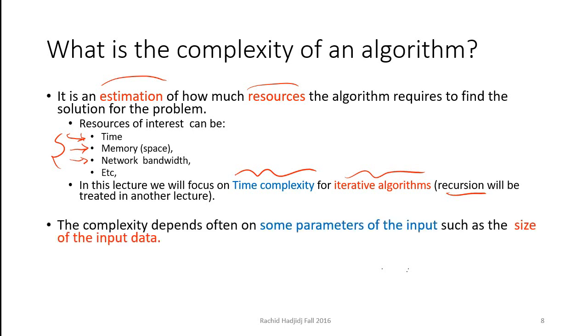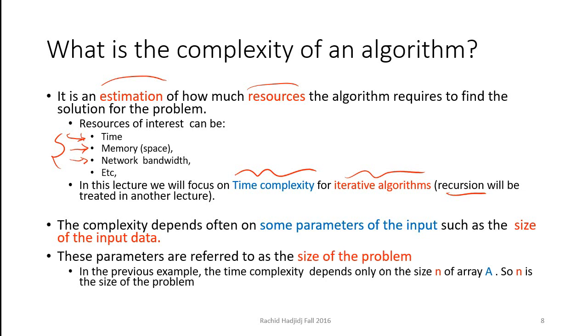Now, the complexity of an algorithm depends on the input for the algorithm, and more specifically on some parameters of the input, such as the size of the input data. These parameters are referred to as the size of the problem.